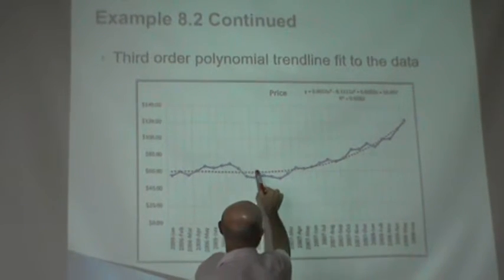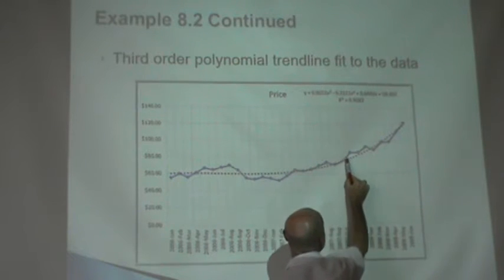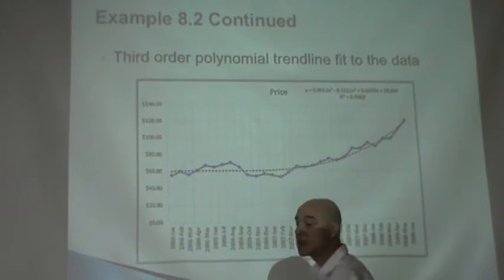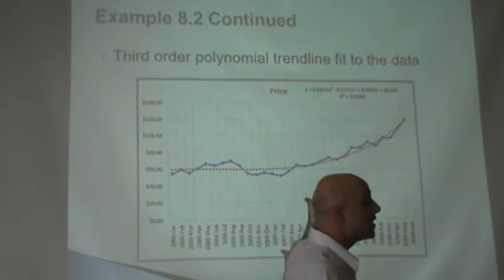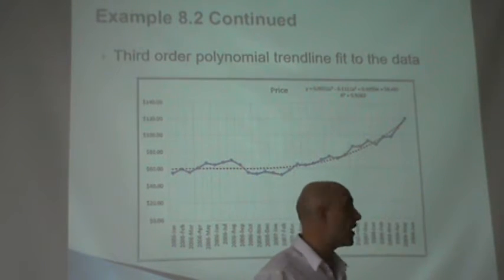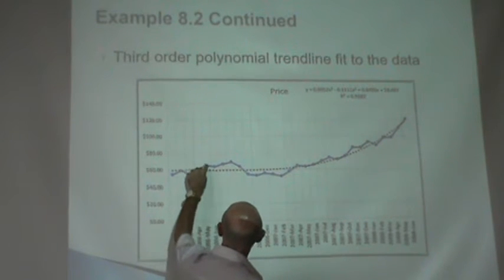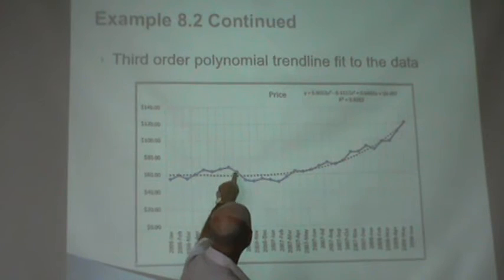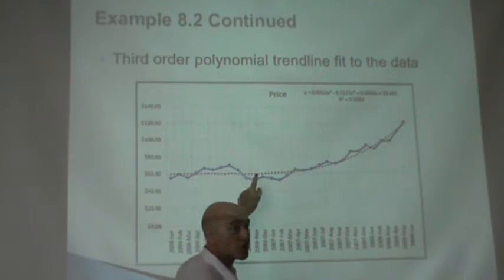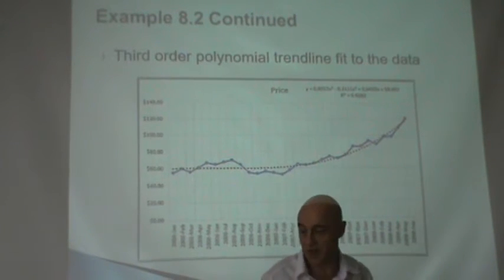It gives you a relatively flat trend, and then it begins to accelerate on the way up. And it provides a relatively close fit. Close means that the difference between the fitted value and the actual value is not too large. It's fairly closely tracked.